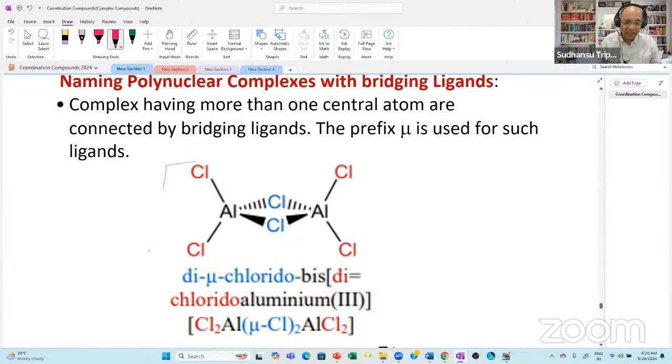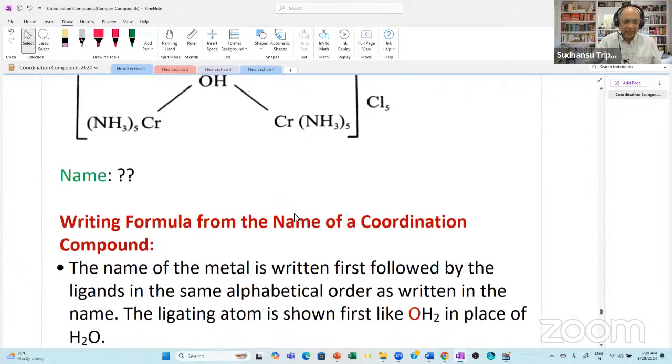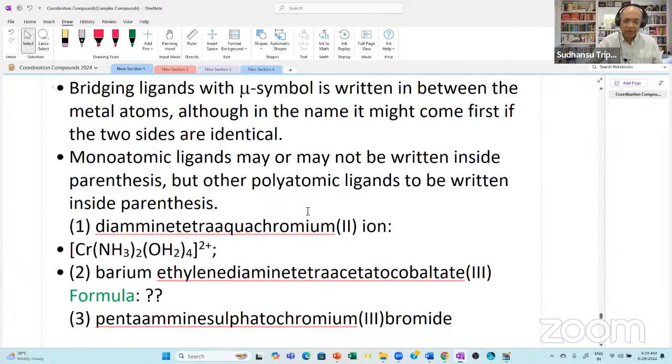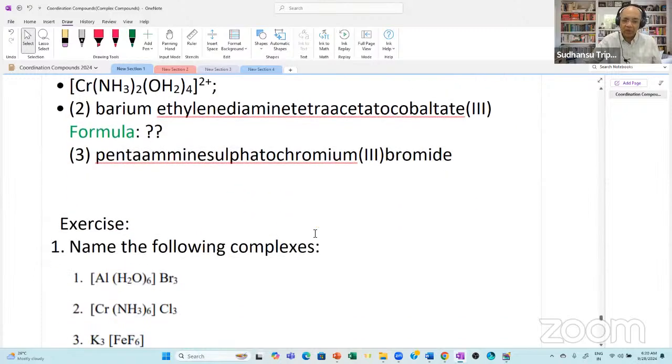If there are 3, then it's trinuclear. And in general, they are called polynuclear, where the bridging ligands are given the prefix mu. We'll talk about that later. We could not do it because I found that you are really beginners and you are going slow.